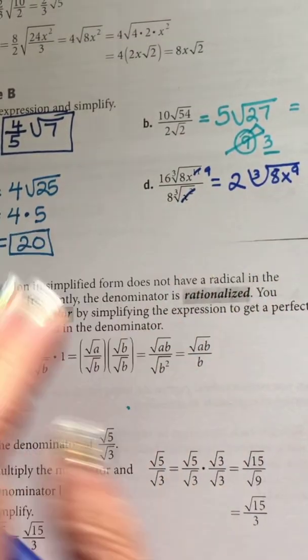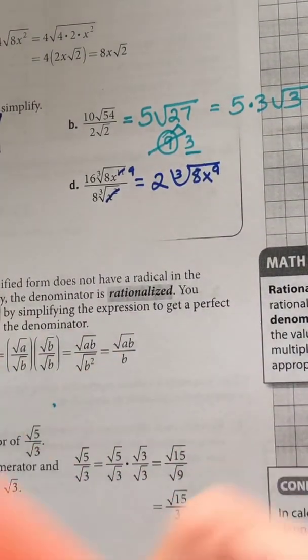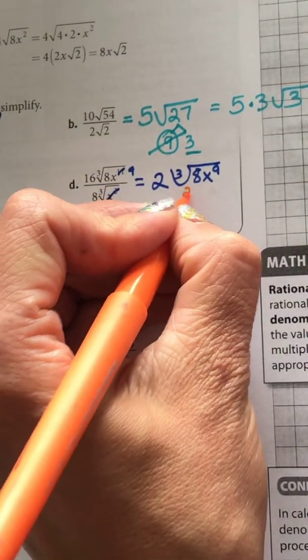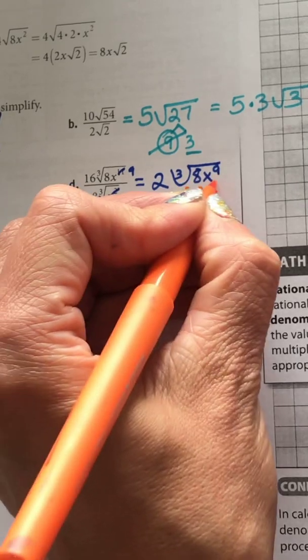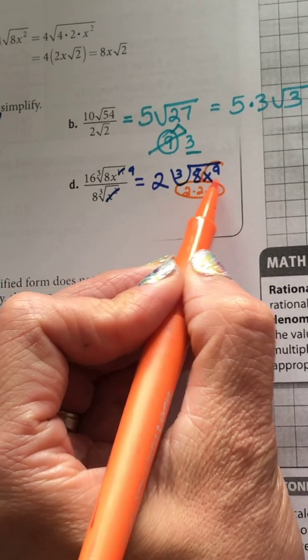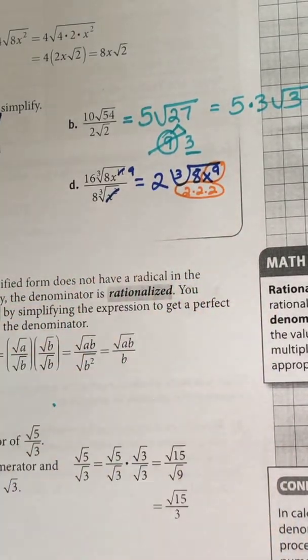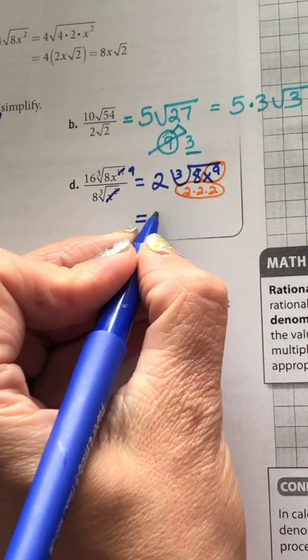Okay, and let's see if we have any perfect cubes. Well, 8 is the same as 2 times 2 times 2, so there's our group of 3. And x to the 9th is a perfect cube because 9 is divisible by 3. Okay, so there's a 2 out front already.